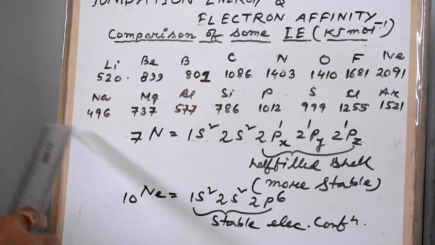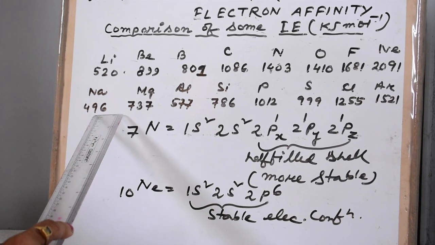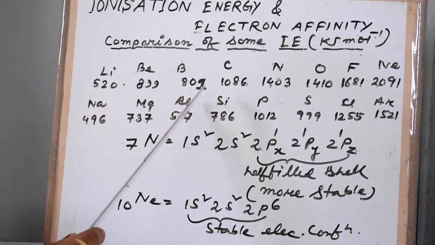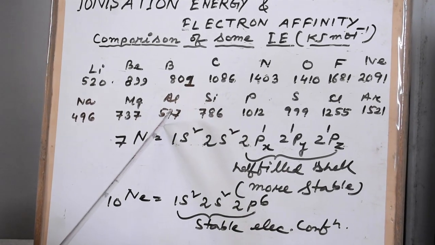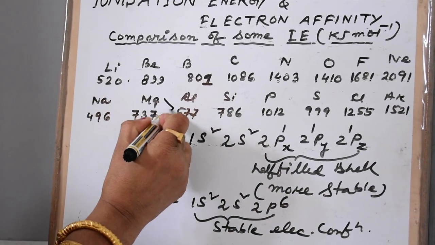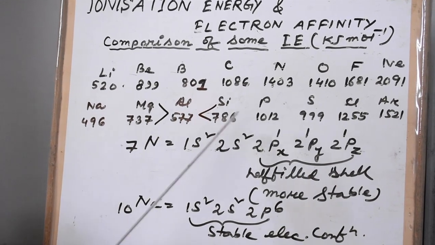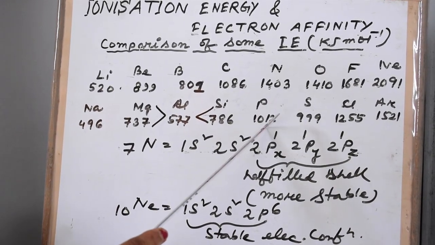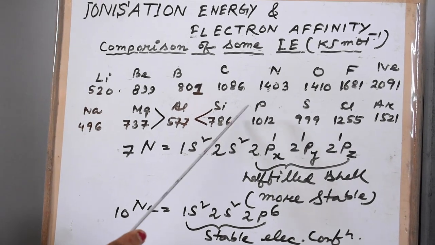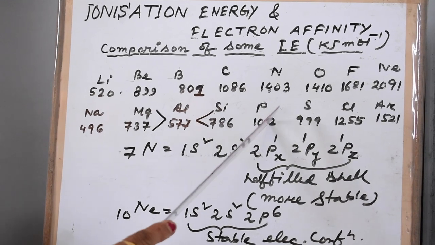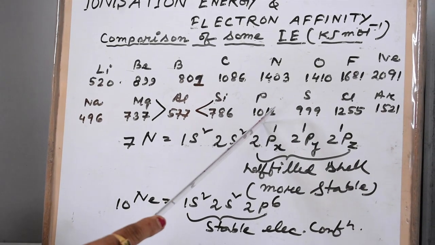Again, in the next period, the third period, we see the value of magnesium is more than sodium, and the value of aluminium is less than magnesium, due to the p electron in the valence shell. Again, the value for phosphorus is more than silicon, due to the half-filled stable electronic configuration of phosphorus.